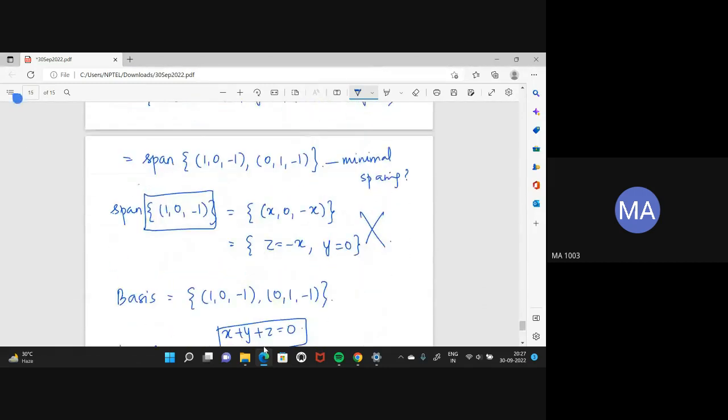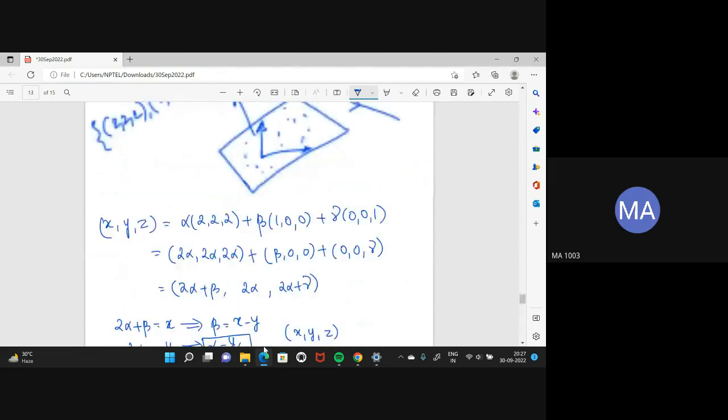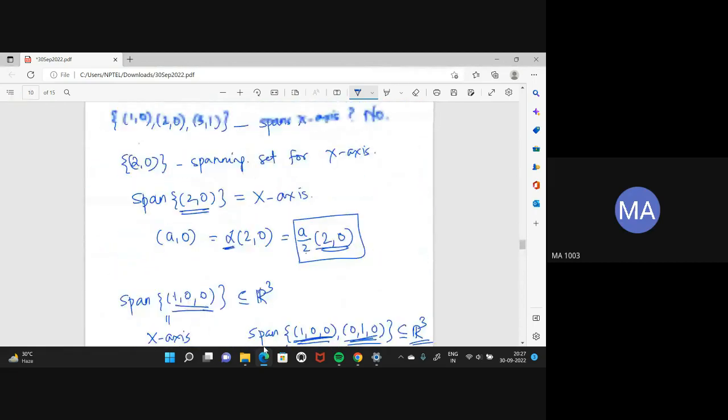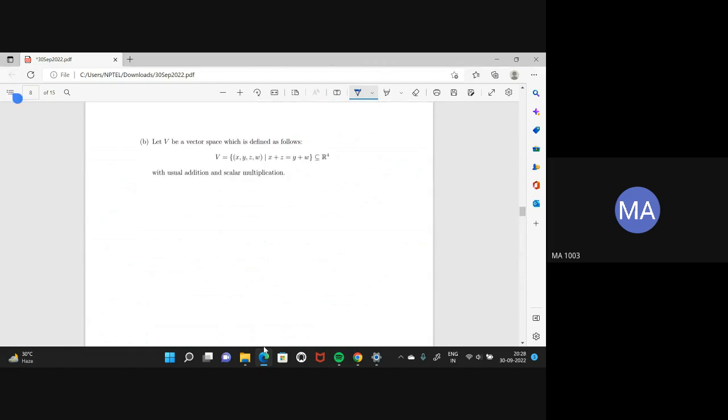So how are we finding the dimension of a vector space? By finding out a basis, right? Cardinality of a basis. Yes, we start with a spanning set, convert it into a minimal spanning set, and then find a basis, and then find the number of elements in the basis to get the dimension.